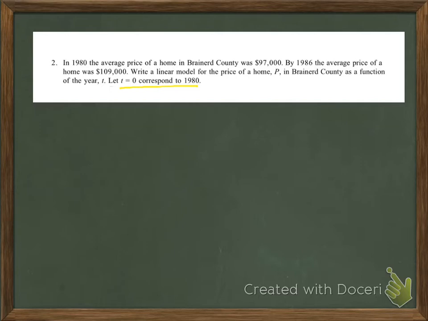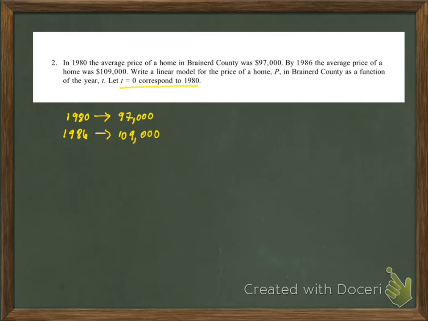So let me first start by writing down what I know. I know that in 1980, the price of the home was $97,000. And I know that in 1986, the price of the home jumped to $109,000.